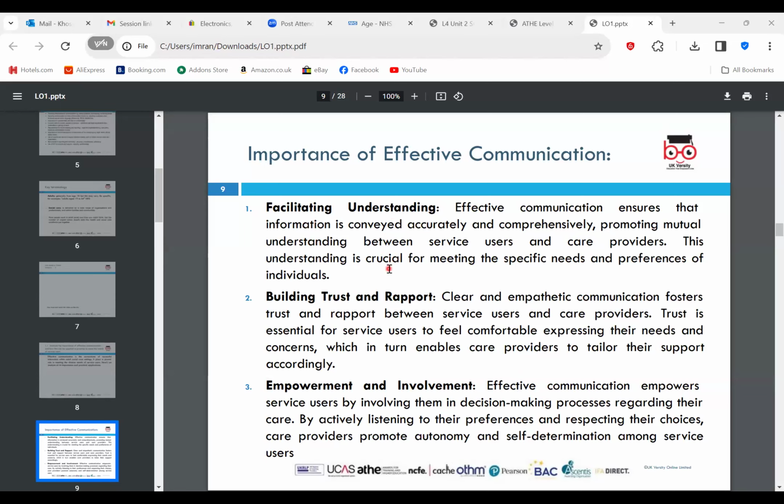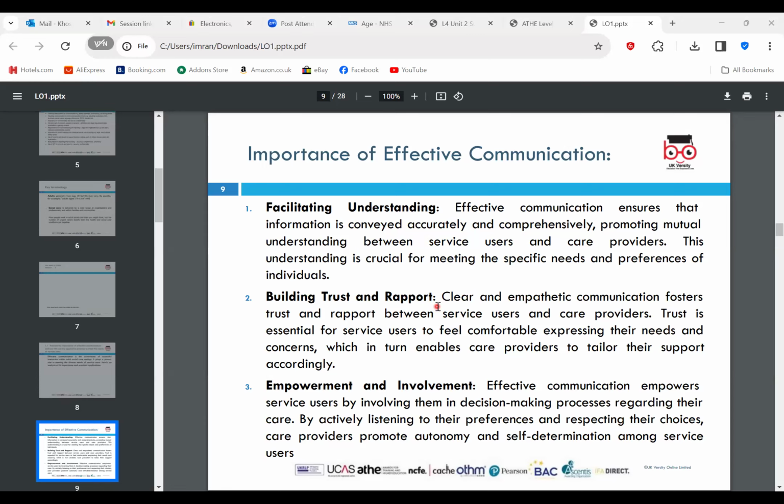You need to be very clear without using any jargon, and their preferences have to be looked for while you're communicating with someone. Building trust and rapport: clear and empathetic communication would strengthen trust and rapport between service users and care providers. Trust is essential for service users to feel comfortable expressing their needs and concerns, which will in turn enable care providers to tailor their support accordingly.